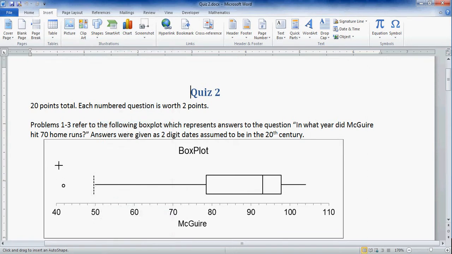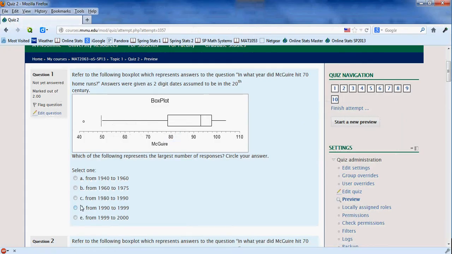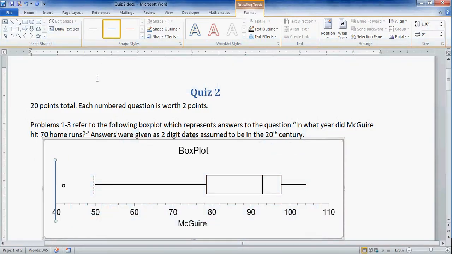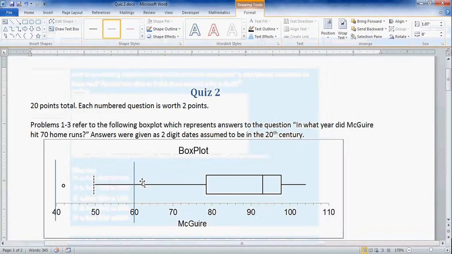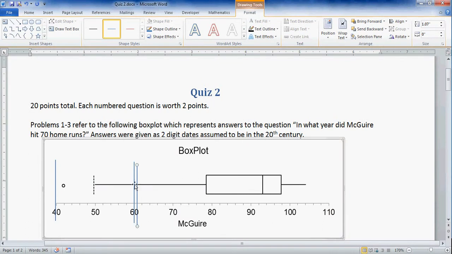So from 1940, here's 1940 to 1960, that would be from here to here. And then from 60 to 75, let's put one right about there.